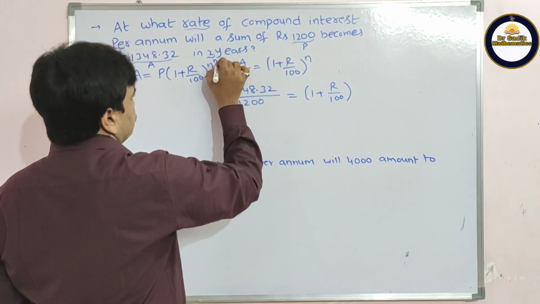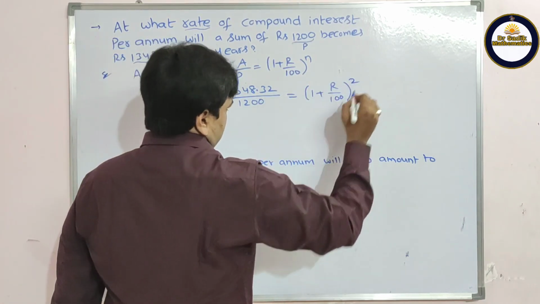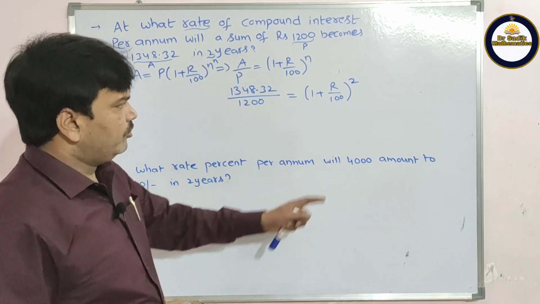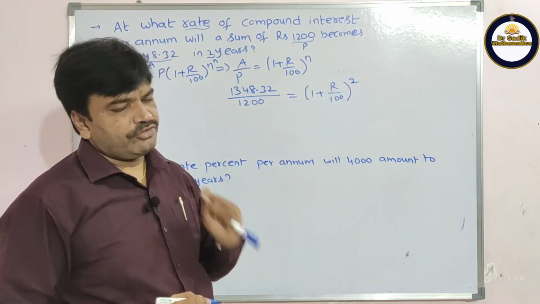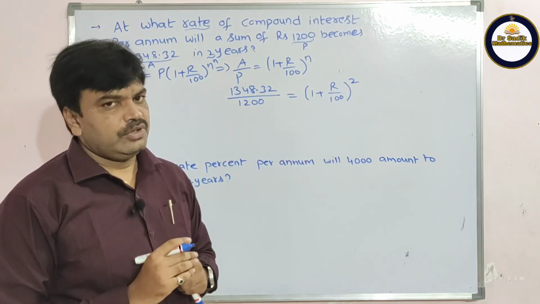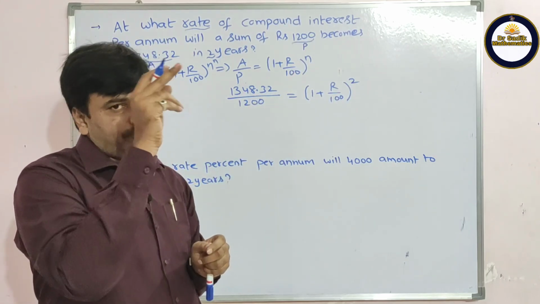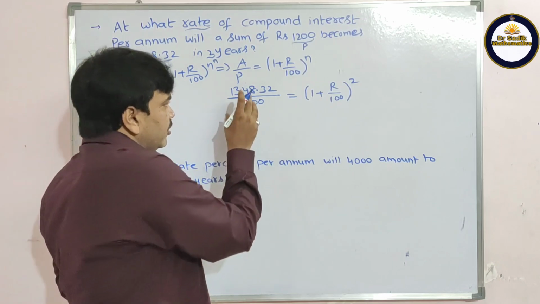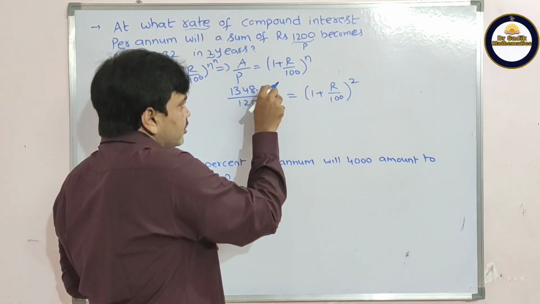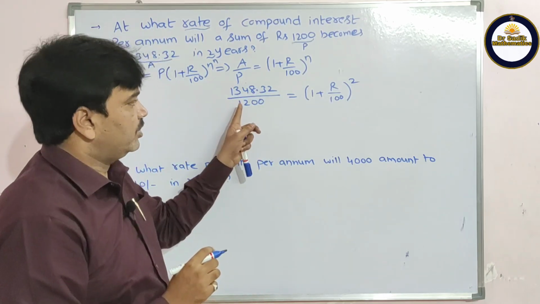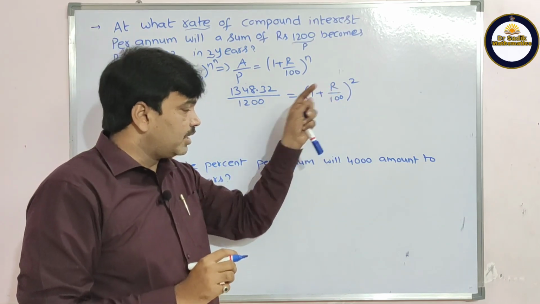We are finding the r value, friends. n is the number of years, so n is 2 years. Now if I observe here, we have a square, friends. If I take the square to the left hand side, it becomes a square root. If I have a perfect square, the square root and square cancel, then I get a number, and I can easily find the r value.